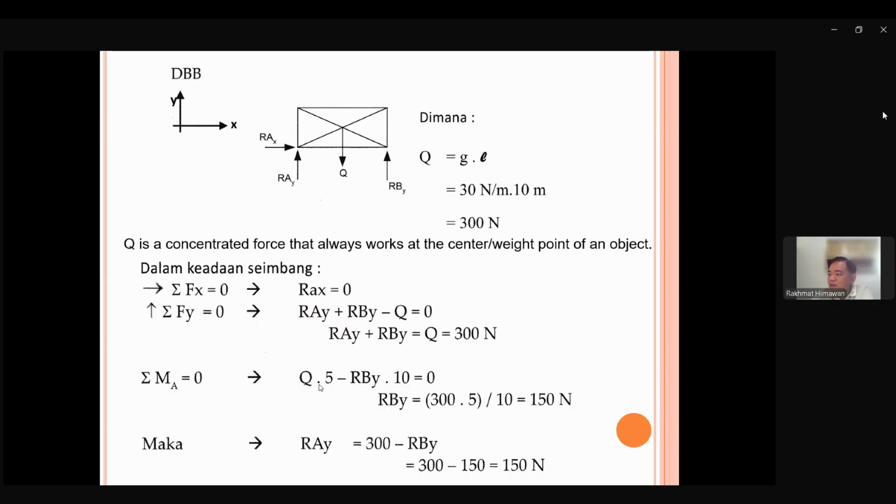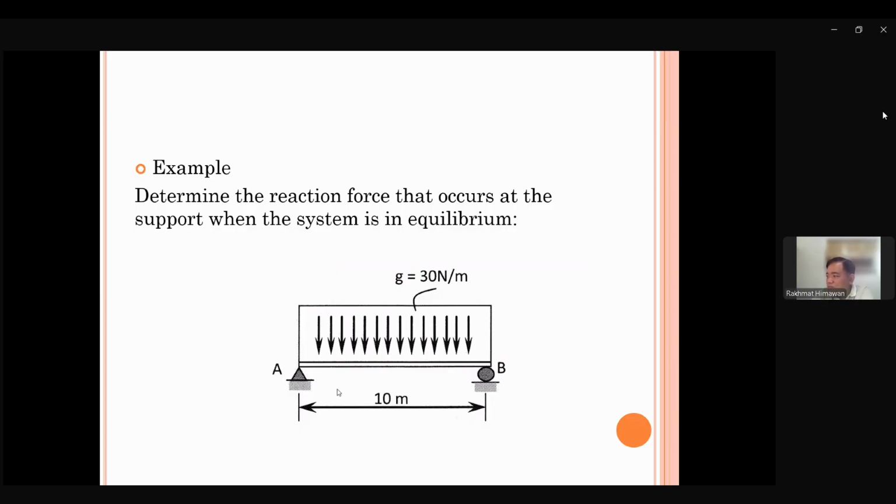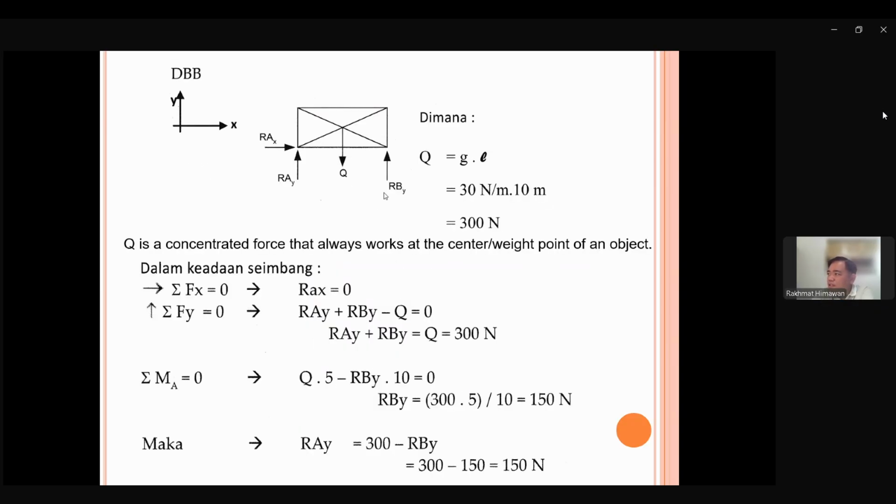So Q multiplied with 5, this is clockwise. Minus RBY multiplied with 10, the distance between B and A, and it's minus because it's counterclockwise direction. So now we can find that RBY is 150 Newton.